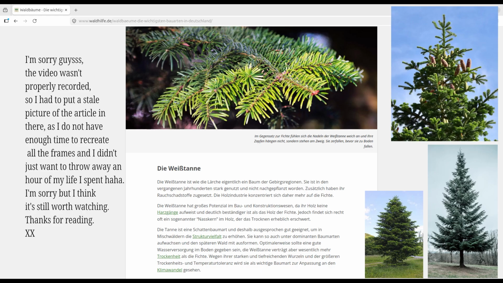Sie ist in den vergangenen Jahrhunderten stark genutzt und nicht nachgepflanzt worden. Sie, she, und in English it, ist, is, in, den, the, vergangenen, this derives from the word gehen, which means go. Vergangen derives from the conjugated form.